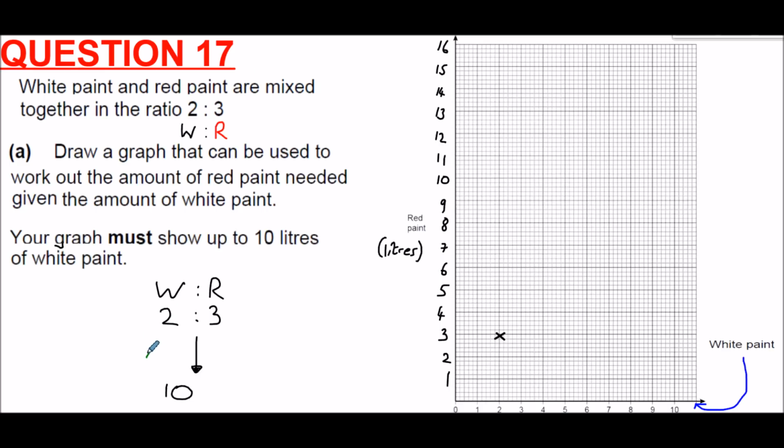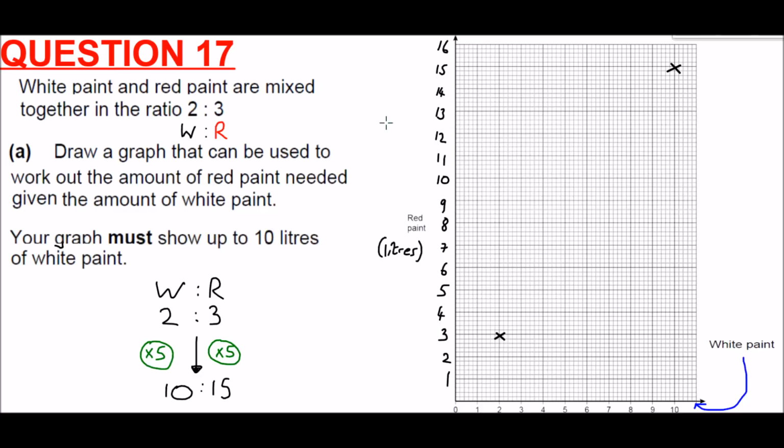The answer is we could multiply by 5. But again, if we multiply one side by 5, we'd have to do the same to the other side. So 3 times 5 would be 15. So if we did have 10 litres of white, that would be mixed with 15 litres of red.